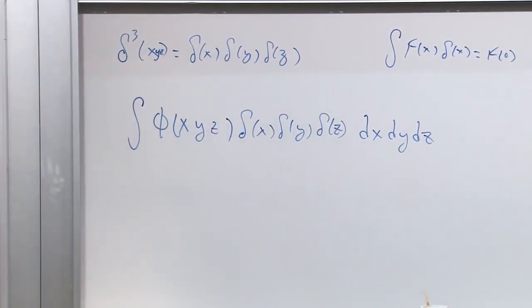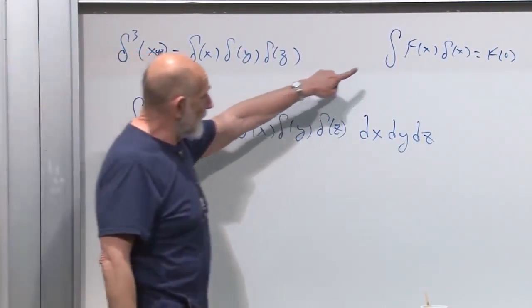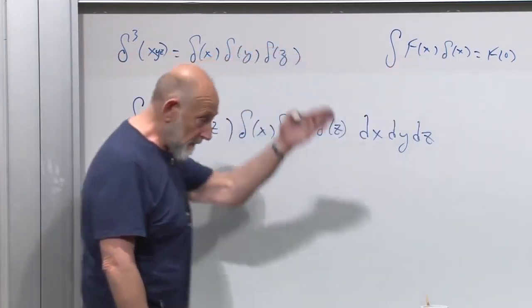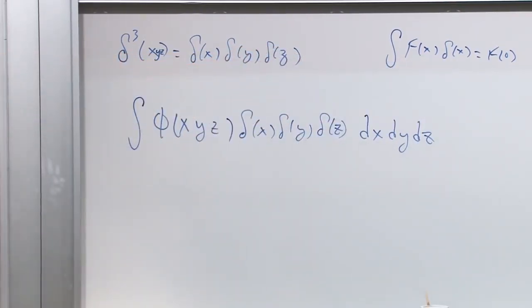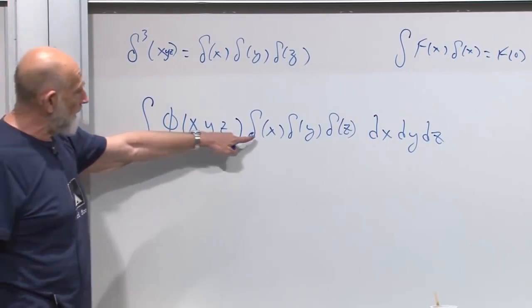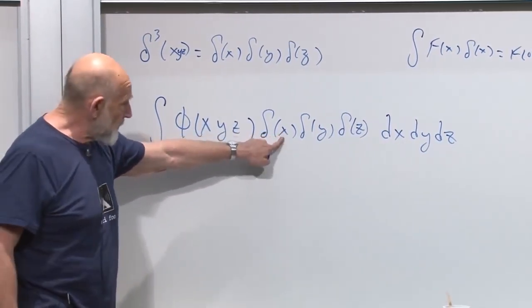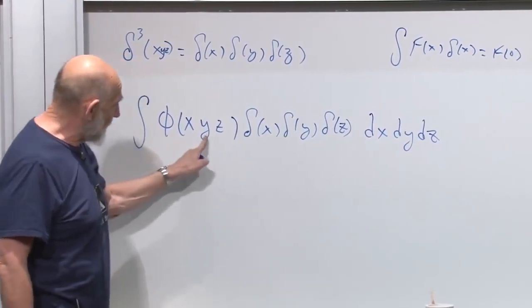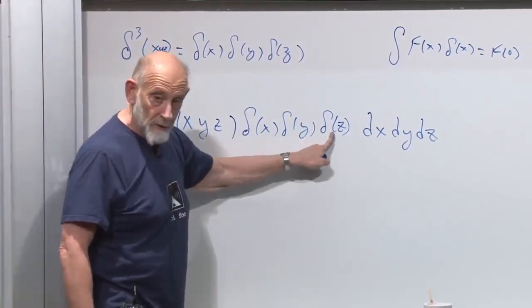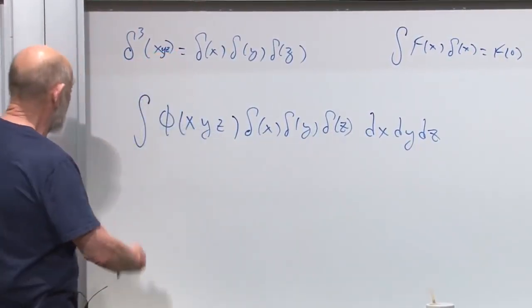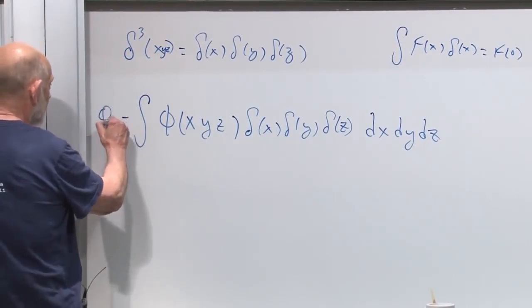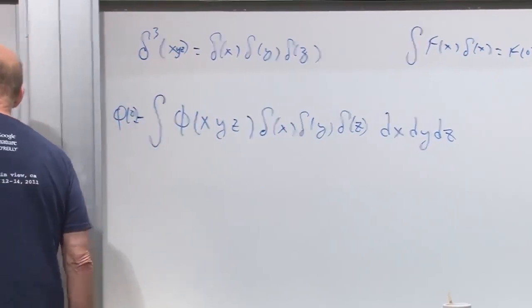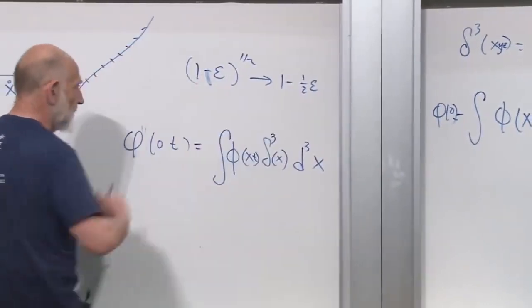It picks out for you the value of the function at the place where the delta function has its spike. So if I do the integral over x first, this one tells me to set x equal to 0. This integral tells me to set y equals 0, and this integral tells me to set z equals 0. So the whole thing is just phi of 0. That's what I've written here.